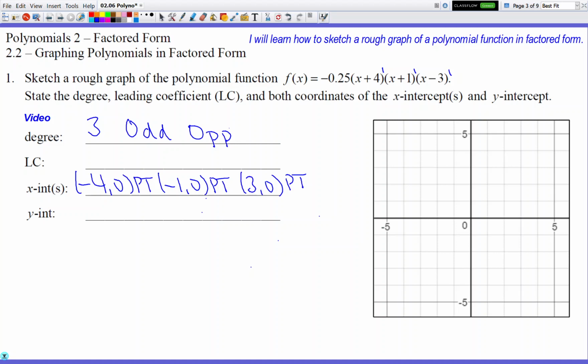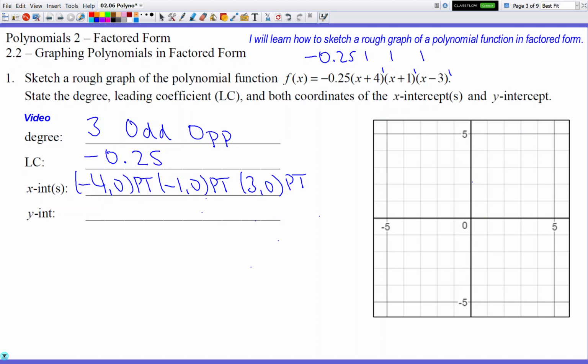Okay, LC. LC is going to be when you grab all the numbers in front of the x's. So in this particular situation, it's going to be negative 0.25 because that's in the front of this x. Then you're going to have a 1 in front of this x, a 1 in front of that x, and a 1 in front of this x. So negative 0.25 times 1 times 1 times 1 is going to make negative 0.25.